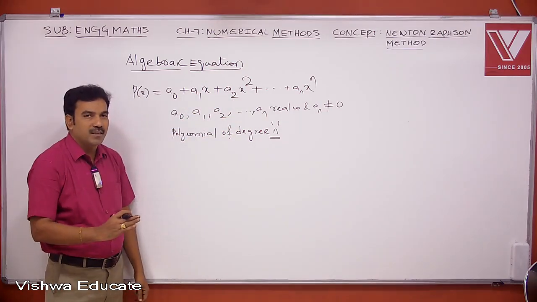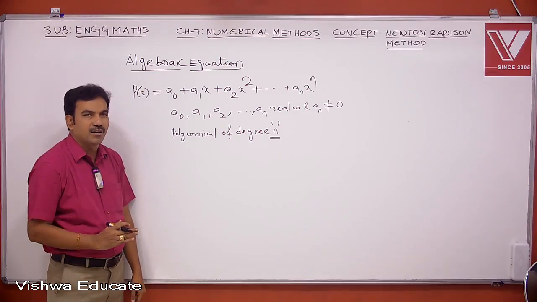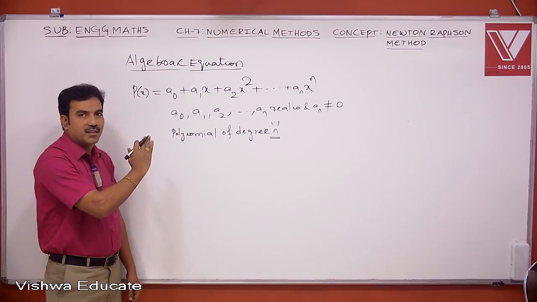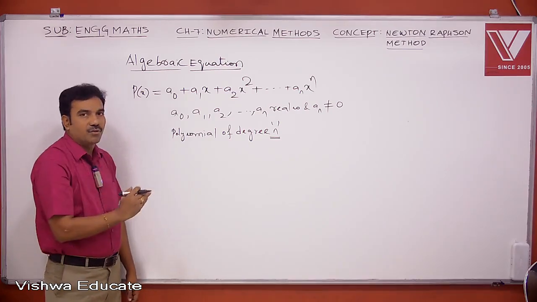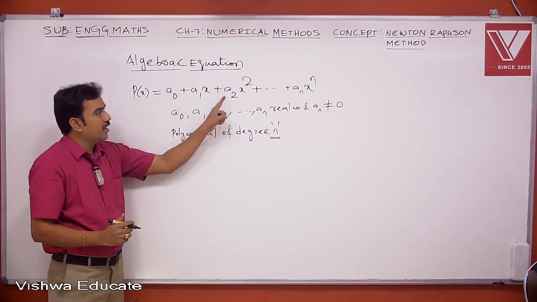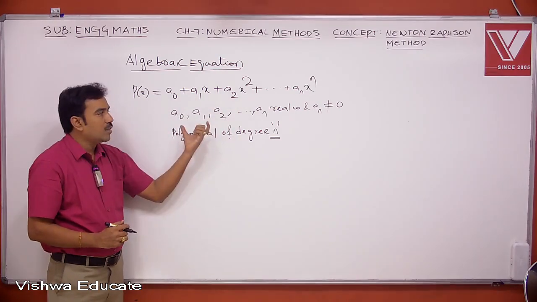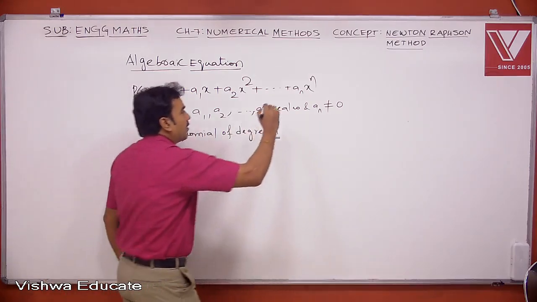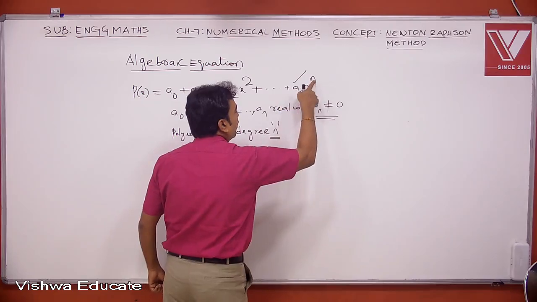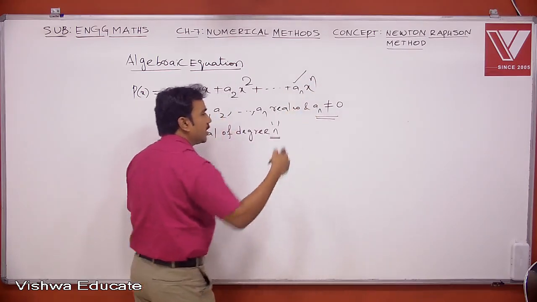So powers of x are in increasing order. They can be in decreasing order also. So order is not an important issue. But in this case, we have seen the powers of x are increasing order. And here we have some coefficients a0, a1, a2 and so on an. All these are real numbers. And particularly this constant should not be 0, because this is nothing but the coefficient of highest power of x and it should not be equal to 0.